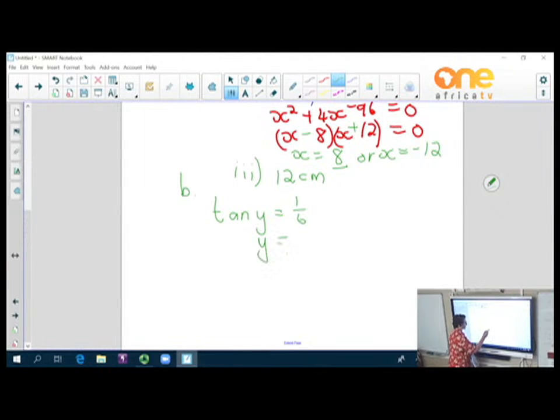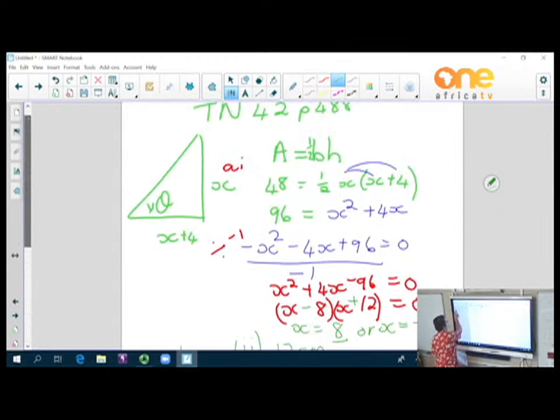So this is going to be second function tan of 1 over 6, is equal to 9.46. So the angle is 9.46. And then they say when the length of AC is 9, so this is now the hypotenuse.